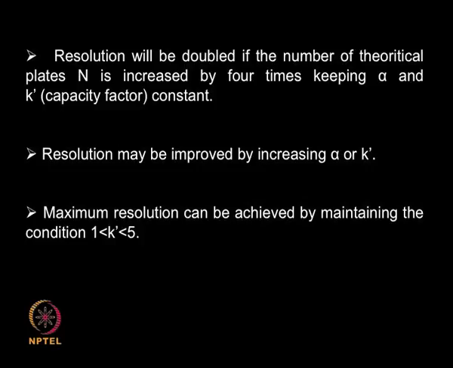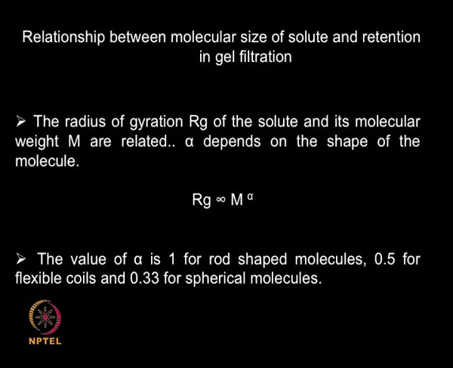So this particular equation tells you how I can improve the resolution, either by increasing my theoretical plates, or by increasing the capacity factor, or I can modify the ratio of the elution volume of 1 and 2, that is component 1 and component 2 actually.